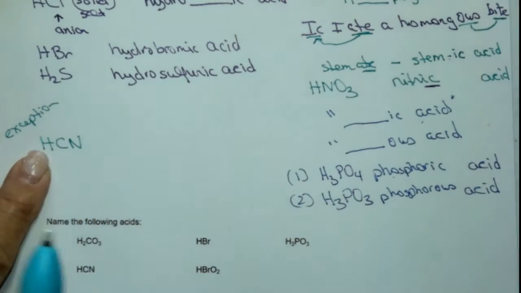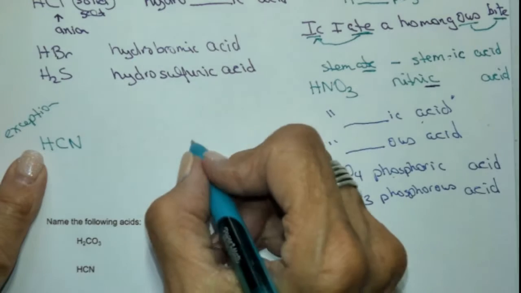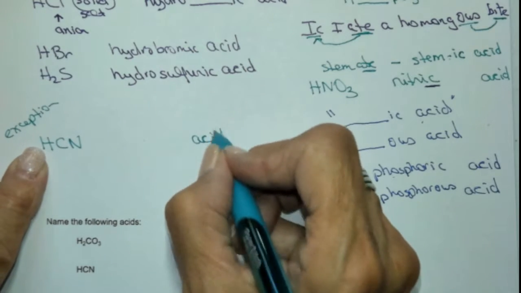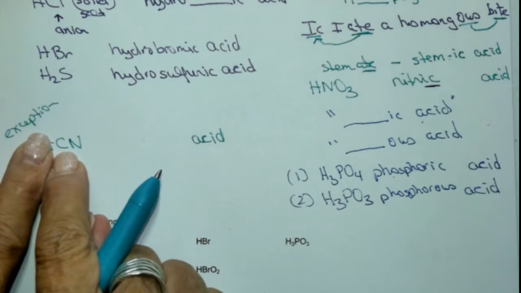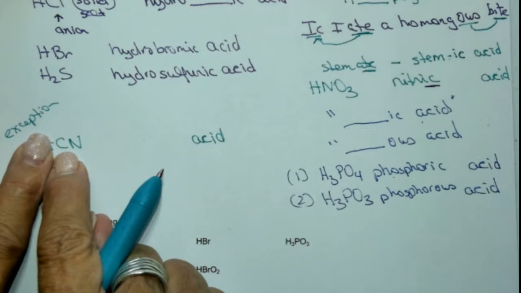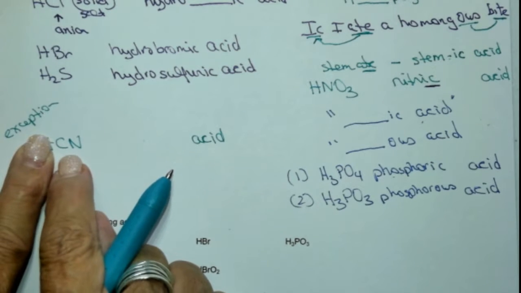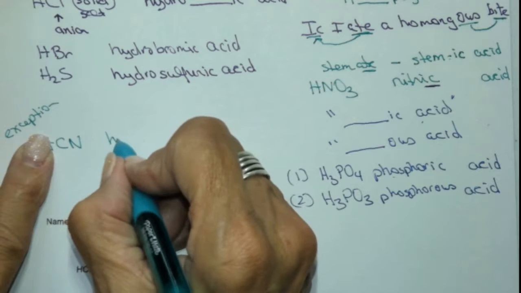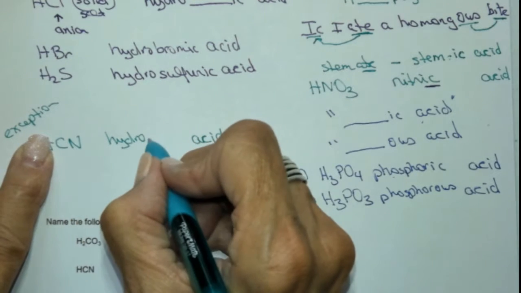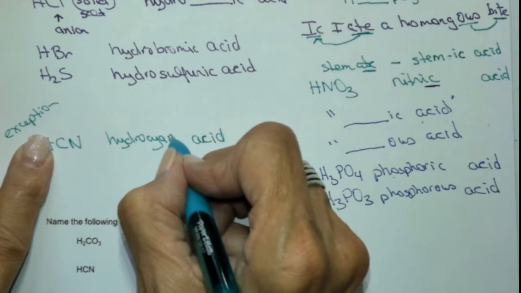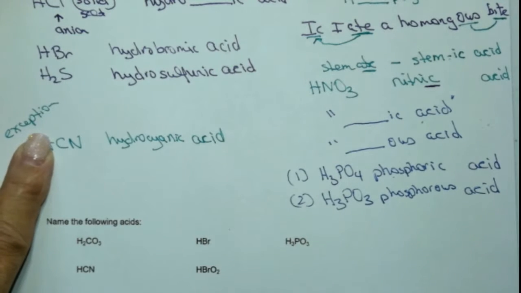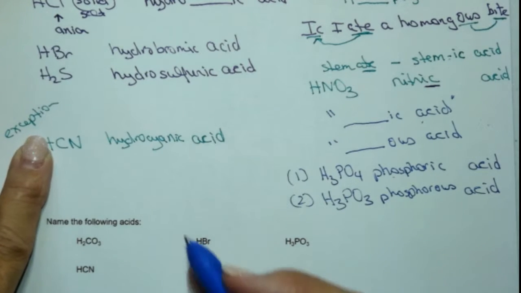I know it's an acid because it starts with the H, so I'm going to write the word acid. CN is cyanide. Because it ends in "ide," I am going to treat it as though this was a single element, but it's not. Therefore, I'm going to write hydro, cyan, and change the ending to "ic," hydrocyanic acid.